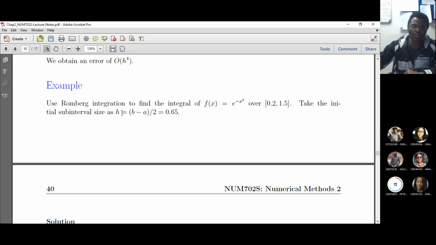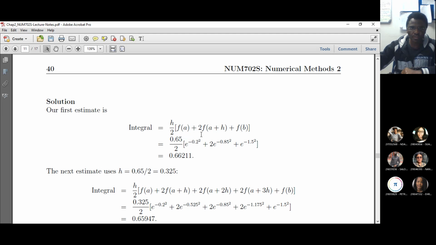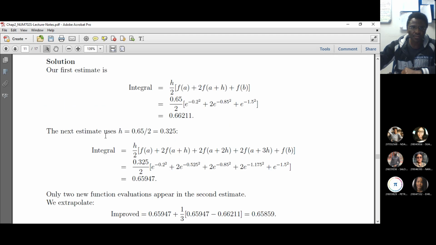Now the second step will be to halve this h and recompute this formula, but with half h, right? So now if we halve h, you can see we take 0.65, we halve it, we get this, right? And if we halve, it means that we are doubling the number of sub-intervals.